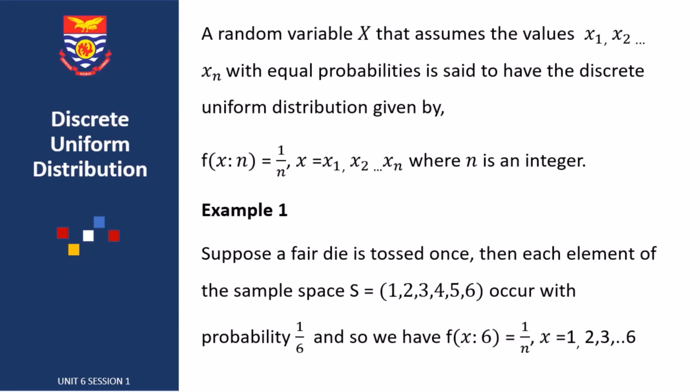With a discrete uniform distribution, a random variable X that assumes the values x1, x2, up to xn, the nth x, with equal probability is said to have a discrete uniform distribution.